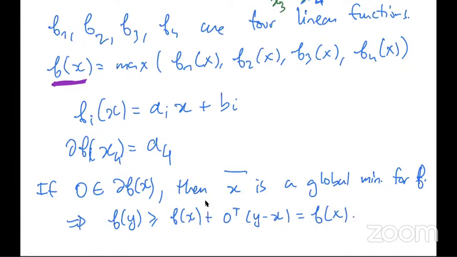So this is equivalent to the condition that the gradient of f of x is equal to 0. Here you require that 0 has to belong to the subdifferential. Note that there could be other things. The subdifferential could contain other elements other than 0, and x still being the global minimum. So this is the example of the absolute value. Let's go back here to the absolute value.